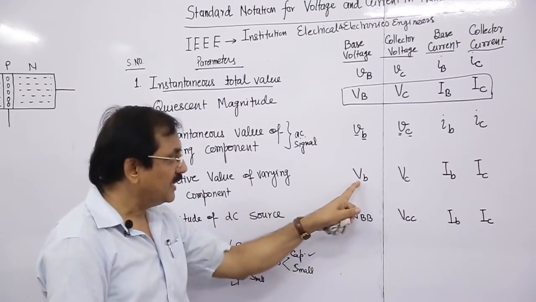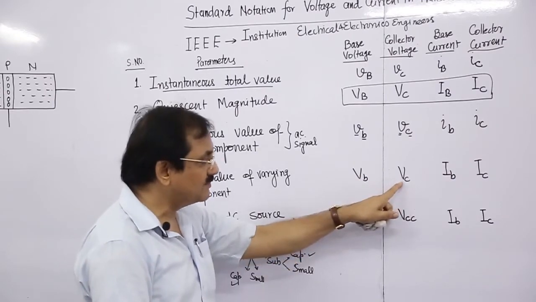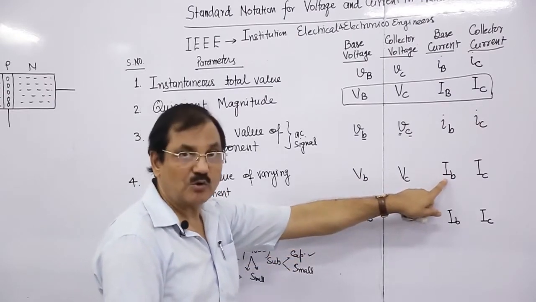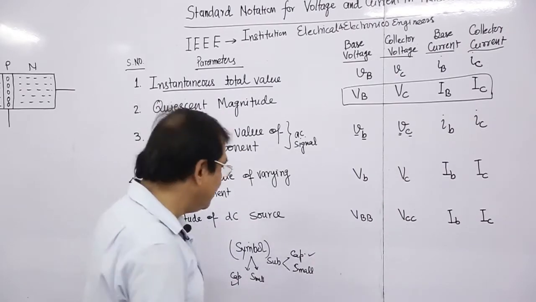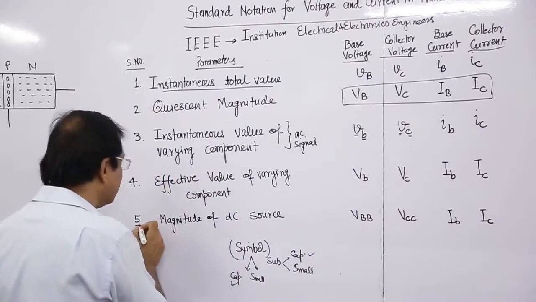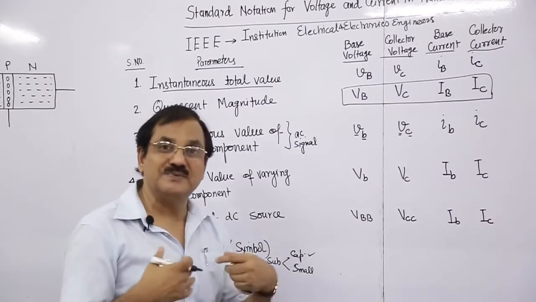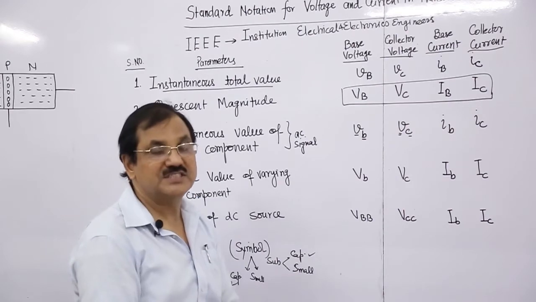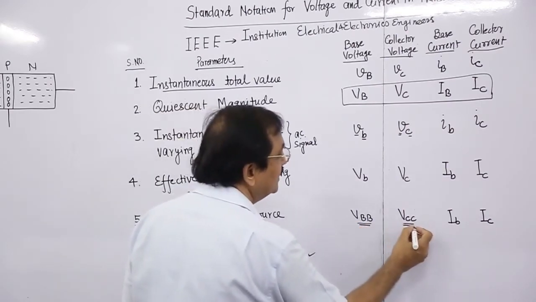That is, capital V_b, capital V_c, capital I_b, and capital I_c. And the fifth one is the magnitude of the DC source, the source that is applied to the circuit.